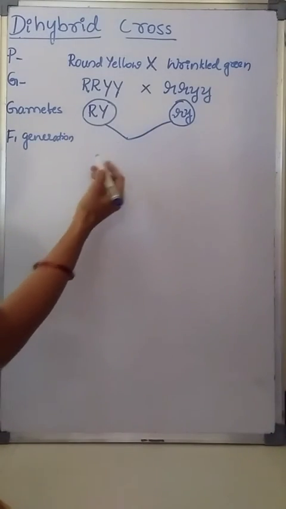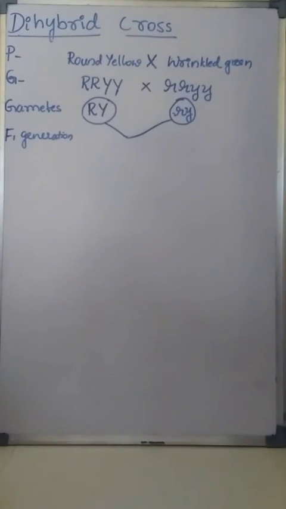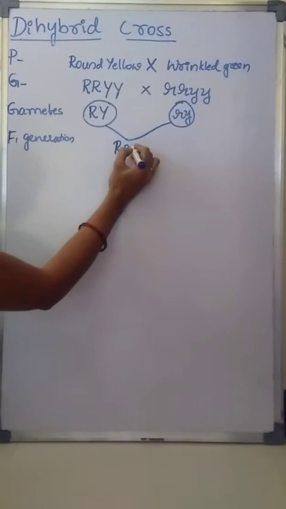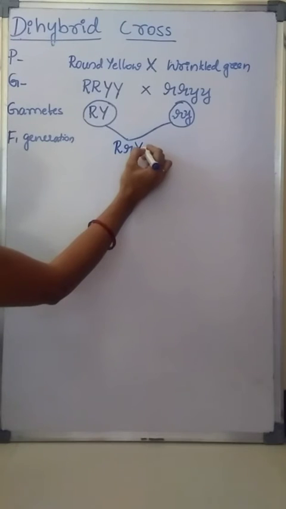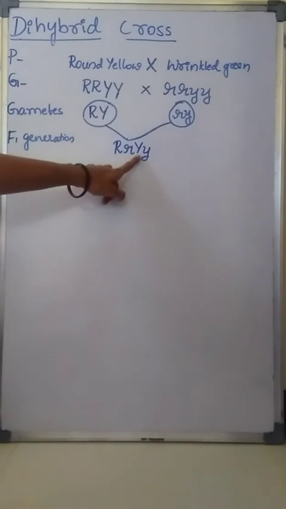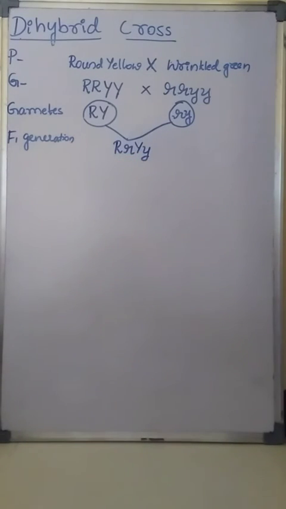When these two gametes fuse, the F1 generation will contain capital R, small r and capital Y, small y. The genotype of the F1 generation will be capital R, small r, capital Y, small y.